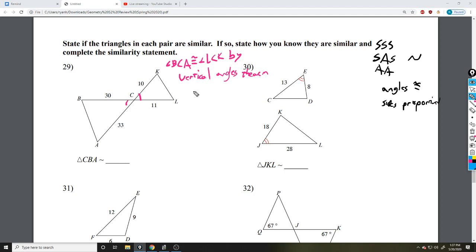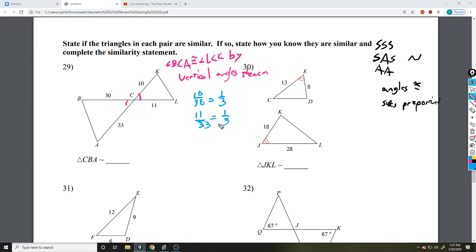So we're going to set up 10 over 30. The shortest with the shortest. Shortest side on one with the shortest side on the other. That reduces to 1/3. And then we have the larger with the larger. So we have 11 and 33. Larger side over here with the larger side over here. And that is also 1/3.